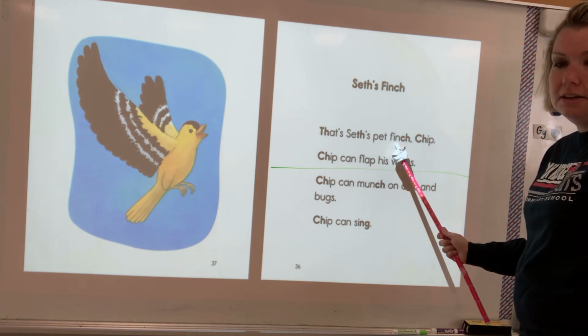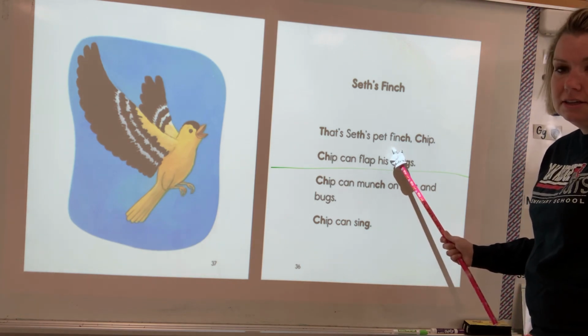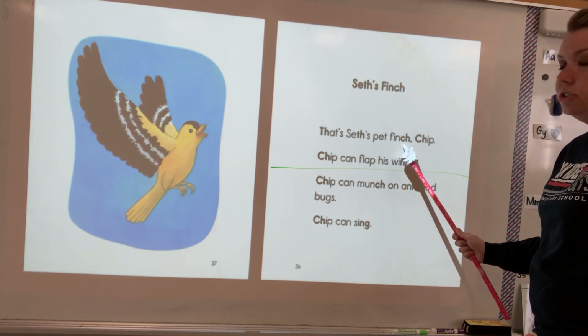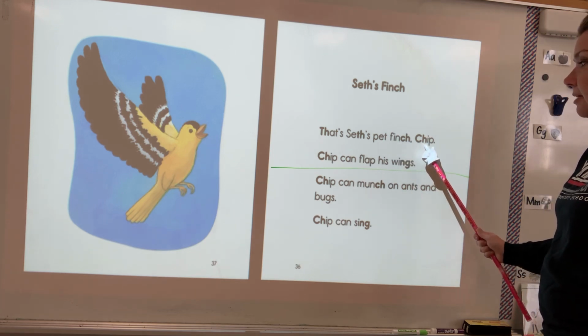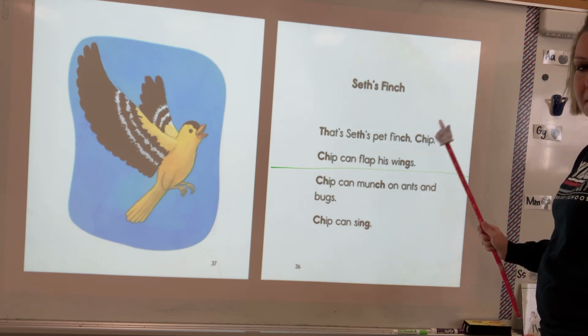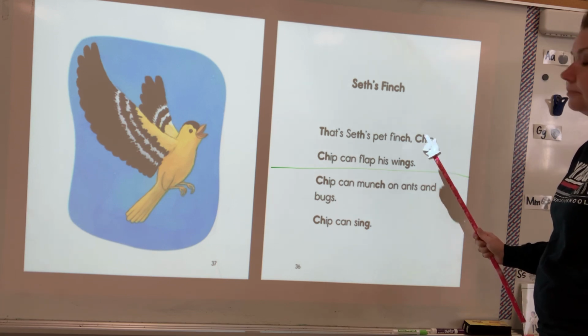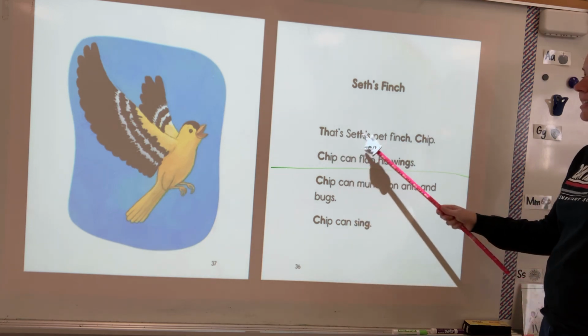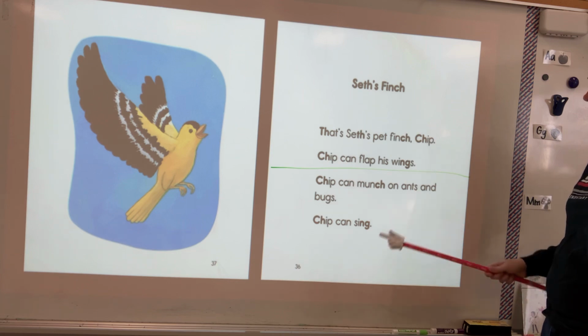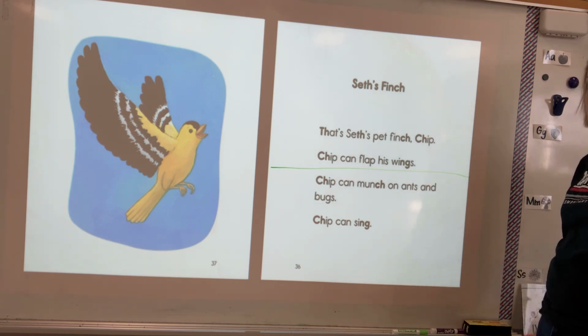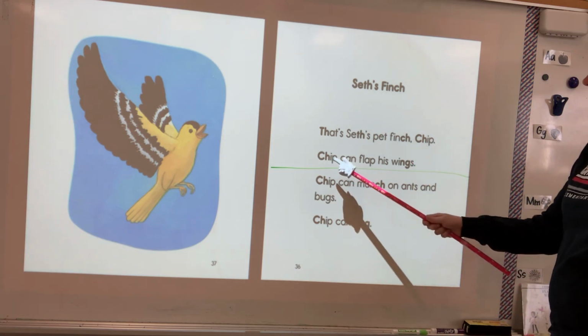A finch. And his name is Chip. Excellent. That's Seth's pet finch, Chip. And we like to pause at the comma. Okay.